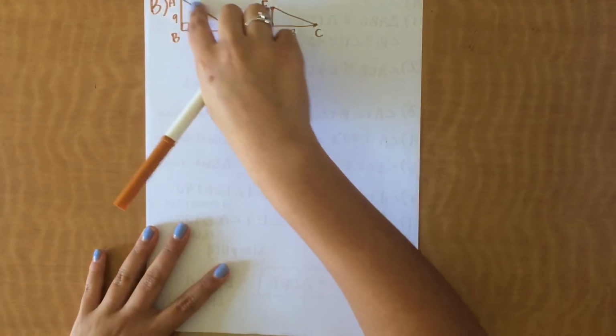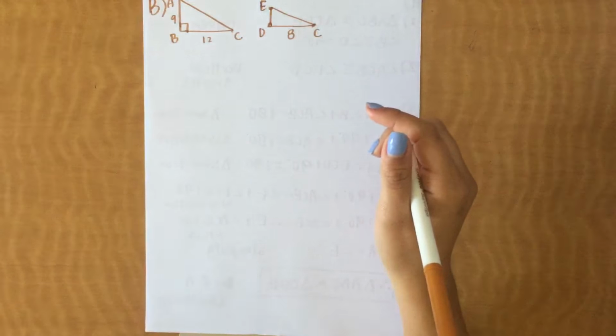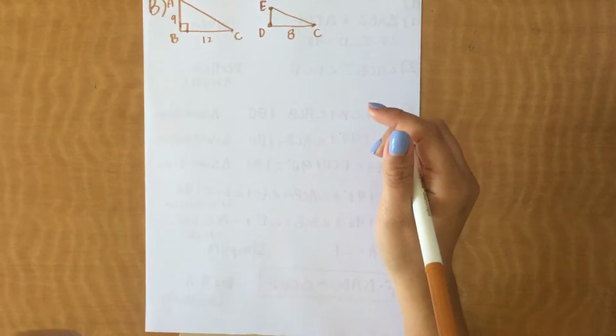So we also need to know this length. We need to know AC. We can easily figure out AC by just doing the Pythagorean theorem. The Pythagorean theorem is a squared plus b squared equals c squared.